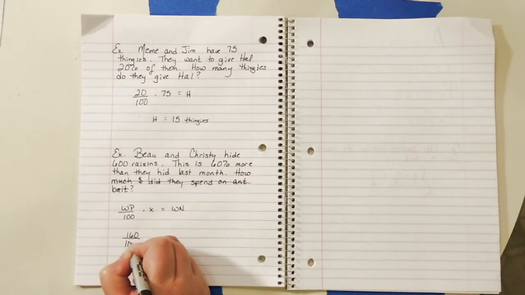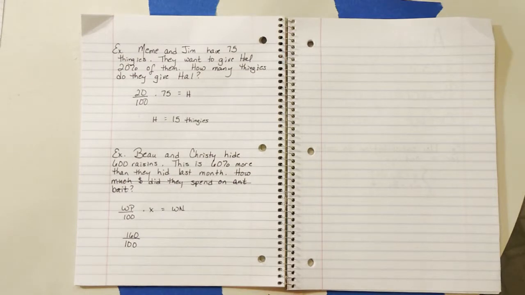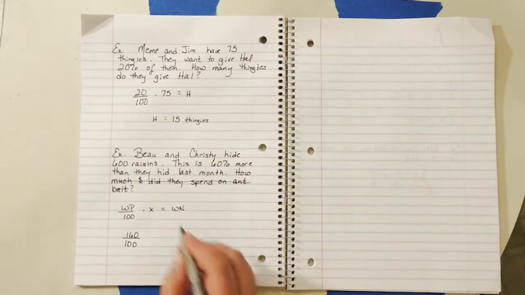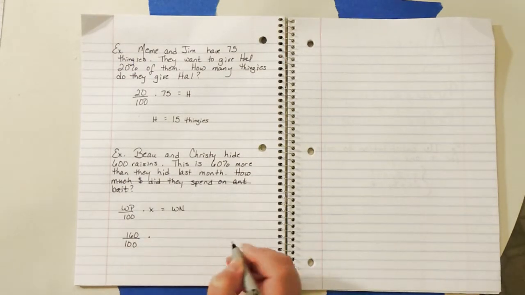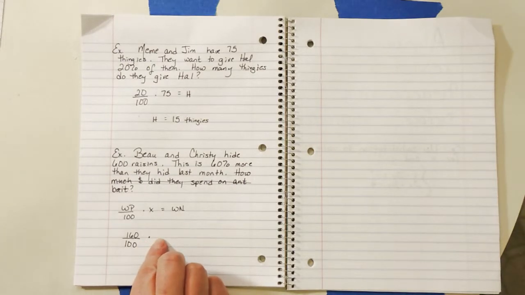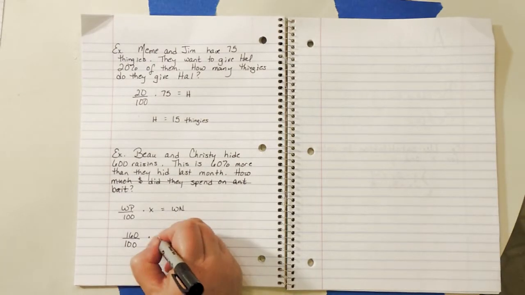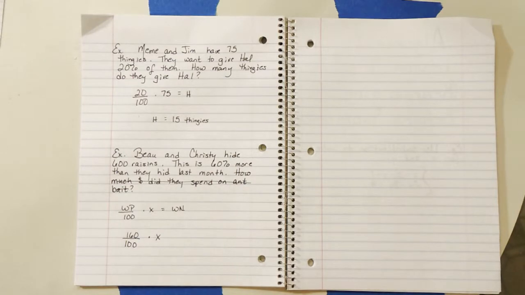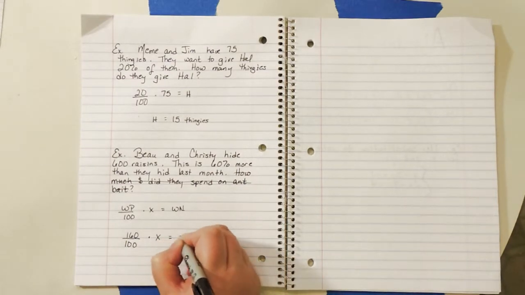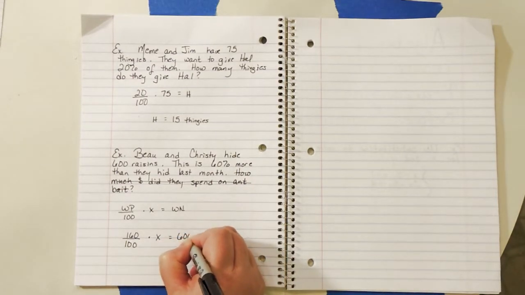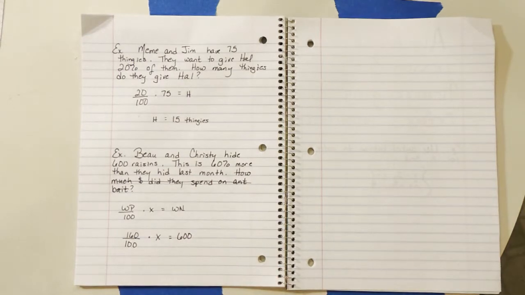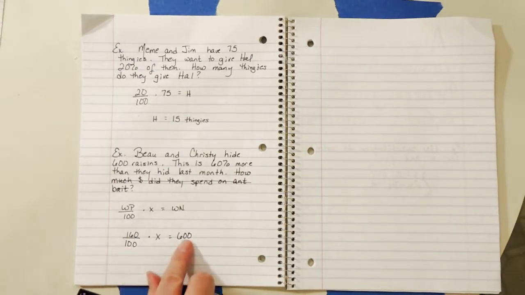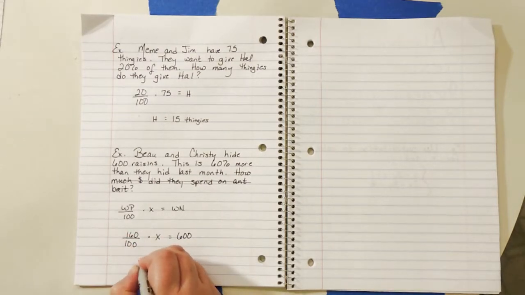So 160 over 100 times X. We don't know what the number was from last month. That's what we're trying to figure out. So we're going to leave that as an X equals, and this month there were 600 raisins. Okay, now we multiply that through. Multiply both sides times 100 and then divide by 160.